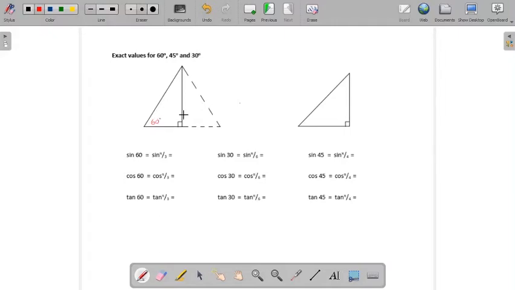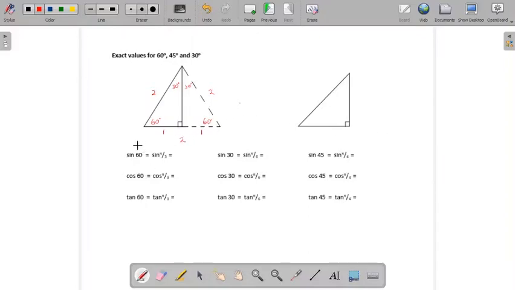So we've got 60 degrees in here, 60 degrees here, and of course each of these would be 30 degrees. Each of these sides is 2, 2, and 2, and that's split in the middle, making 1 and 1.